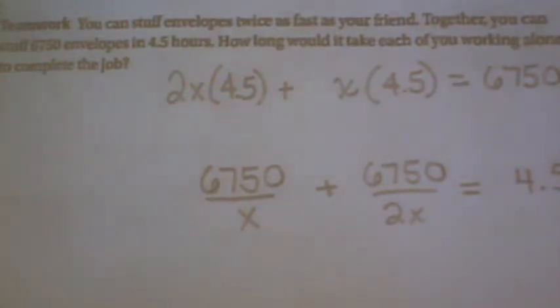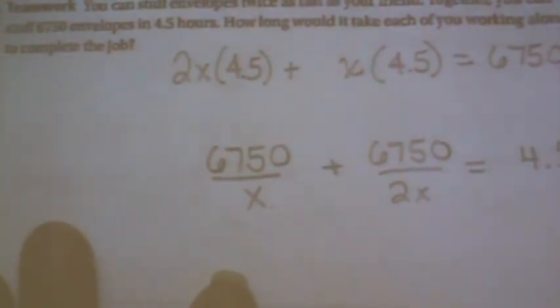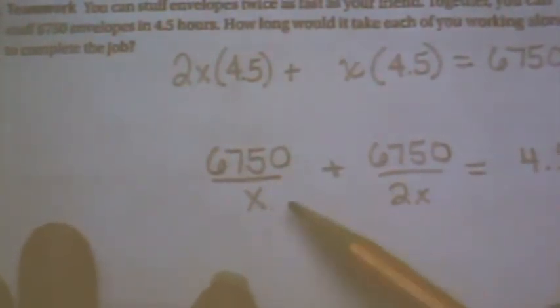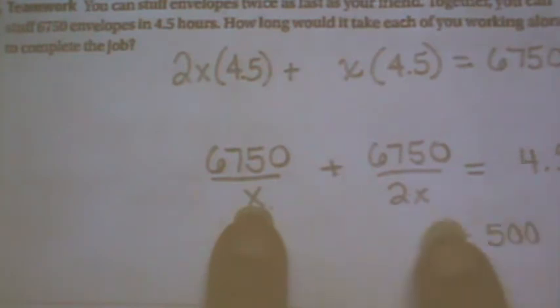X is gonna end up being 500, and then if you divide it here and here, you will get how long it takes each one working alone. So you end up with x is 500, and then you're gonna put that here and here to get your answers.